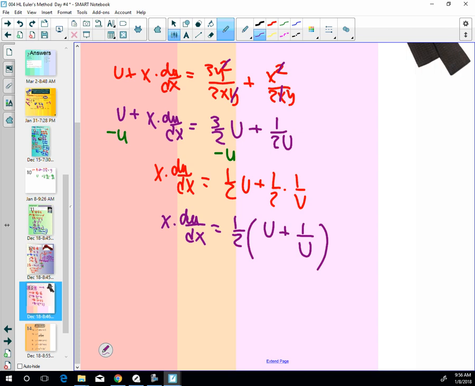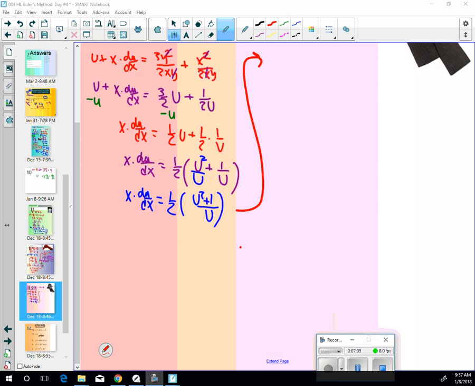Are you okay with that? Now what? Let's get a common denominator. So you have x times du/dx equal to 1/2 times u squared plus 1 over u.